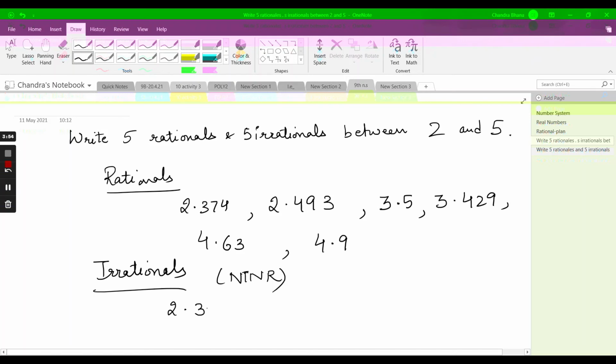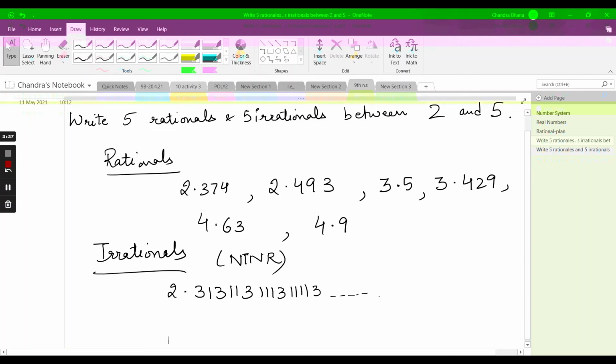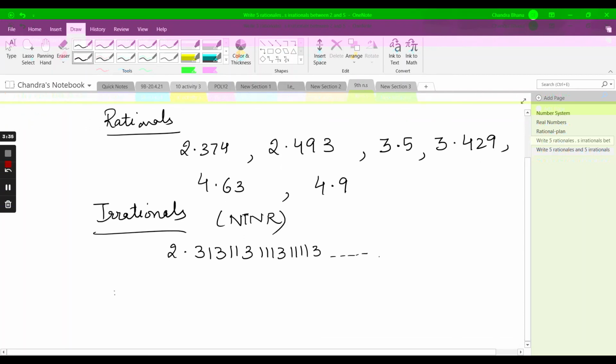I'll take one more: 3.1, 3.11, 3.1113, forming a pattern in which it is non-terminating and even non-repeating. I can take one more, like 3.46, 466, 4666, and so on.